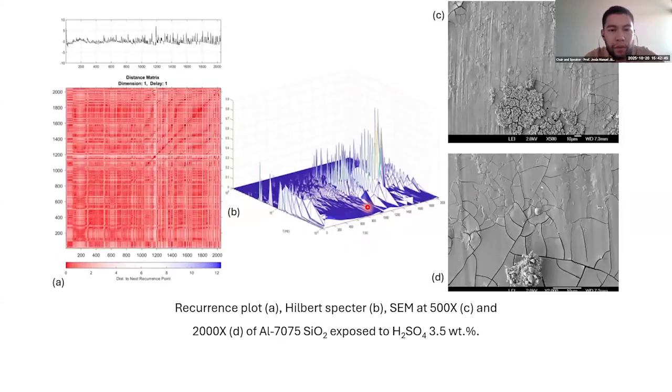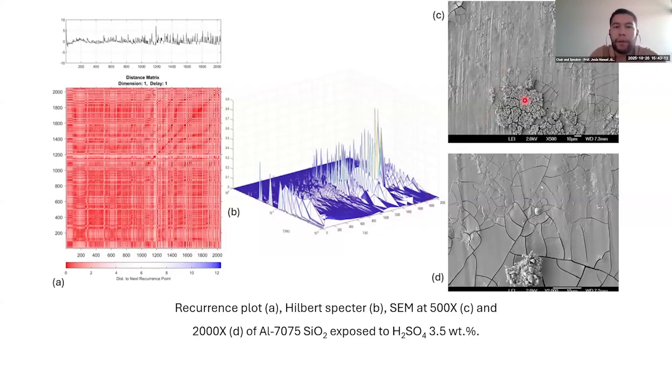However, when we employ the system, you can see the difference between a homogeneous attack and a localized attack. If you have a homogeneous attack, your recurrent plot should look like this one, with a homogeneous distribution of lines.